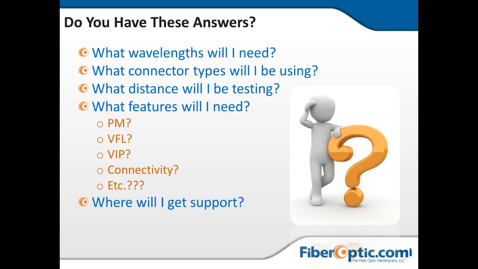What distances will you be testing? Obviously, the distance is going to be an important factor. There are lower end OTDRs that are perfectly acceptable and perform well in shorter distances, but once you get out to the field and you're trying to test a 50, 60 kilometer span, depending on the amount of loss intrinsic in that span, a metro or fiber to the home type of OTDR might not have enough power to make an accurate reading.